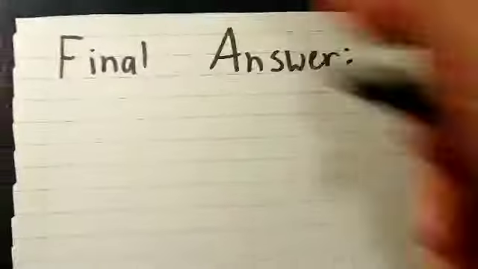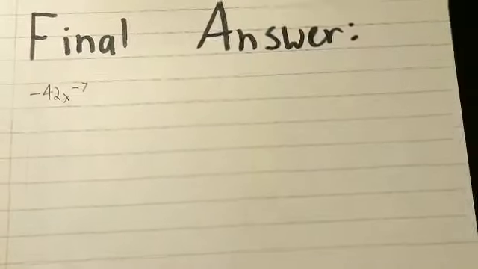So, now that we've taken the derivatives, it's time to put them all together. So, up first, we have our negative 42x to the negative 7th.